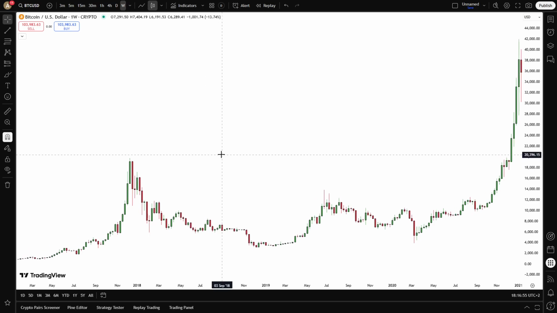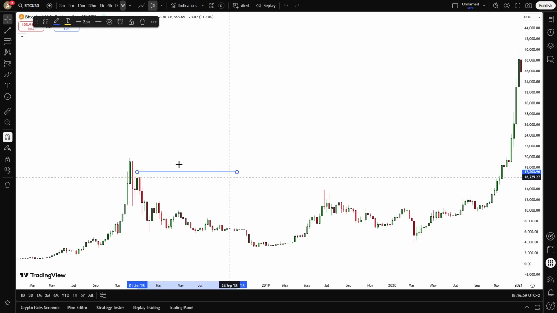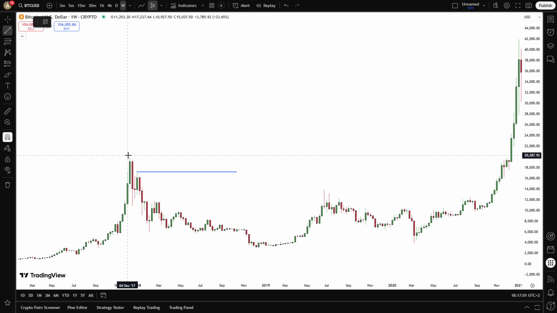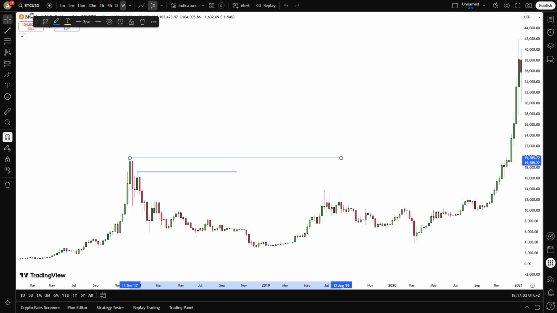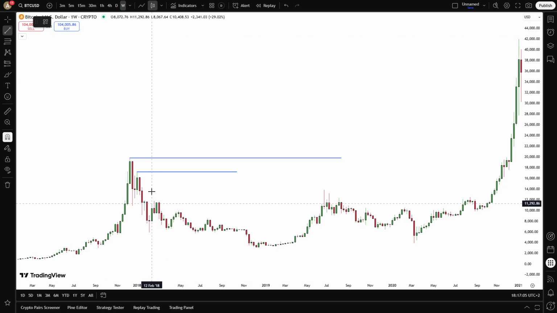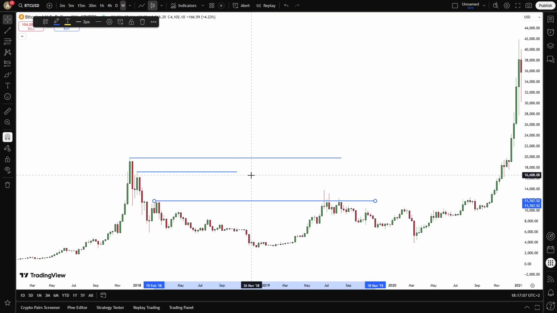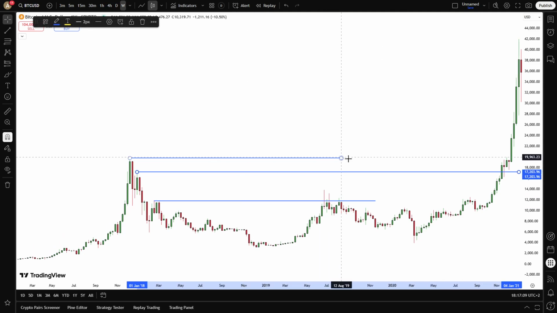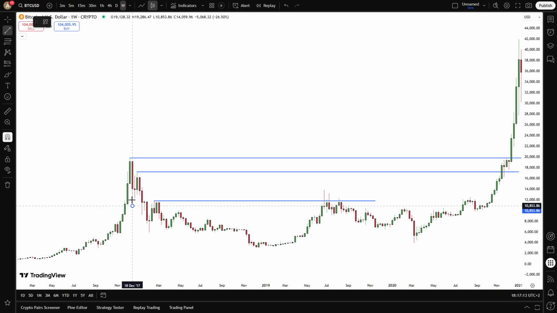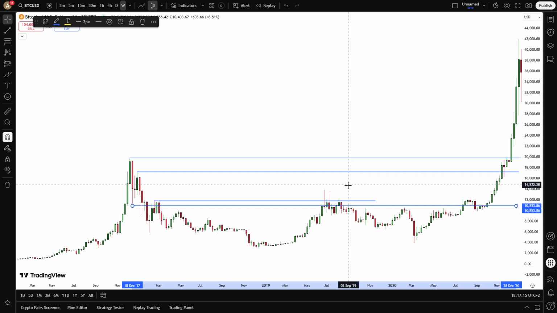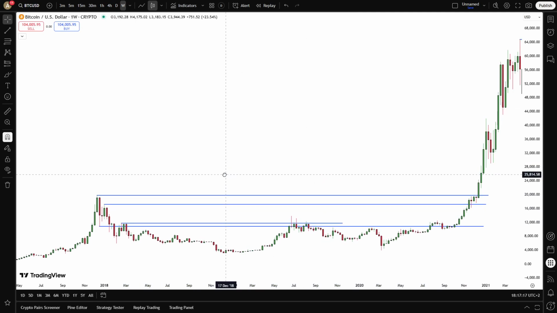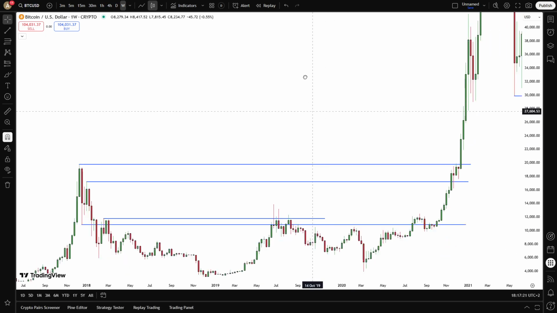I really can't make it easier than this. Where you have your staircase, you have your highs, and you of course also have your lows. So with this, you already see it.